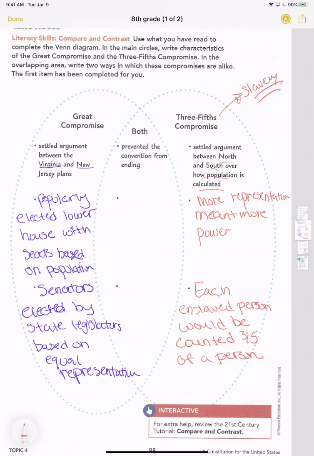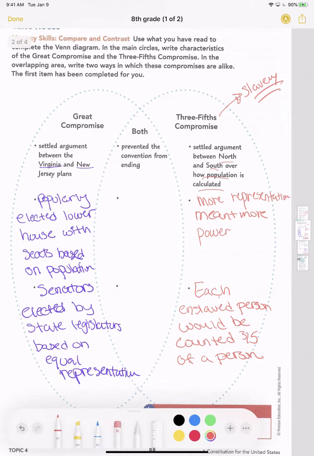All right. Now, even though both of these compromises had two totally different purposes, they actually had a couple of similarities. So let's go into the similarities portion of our Venn diagram.